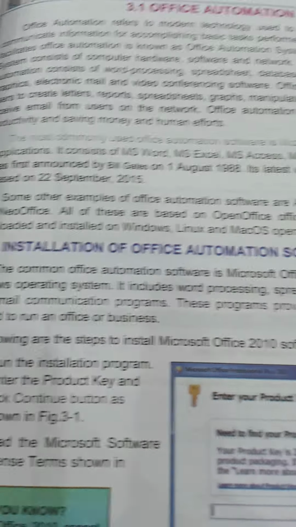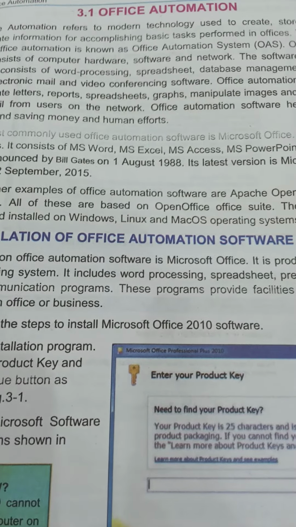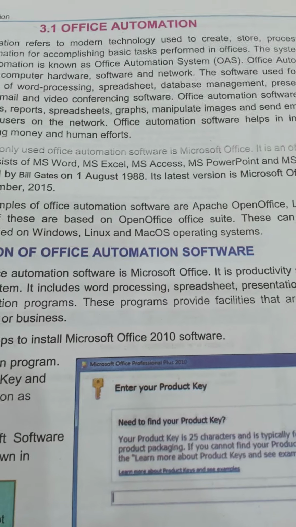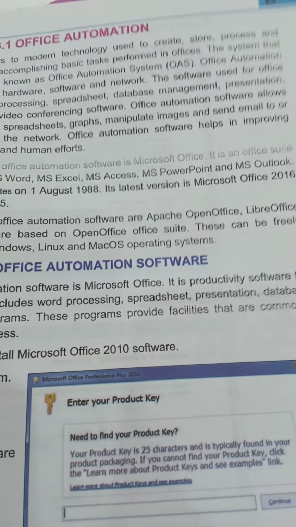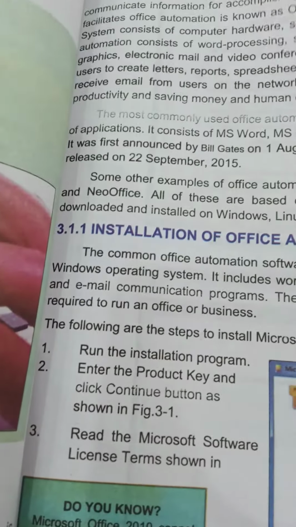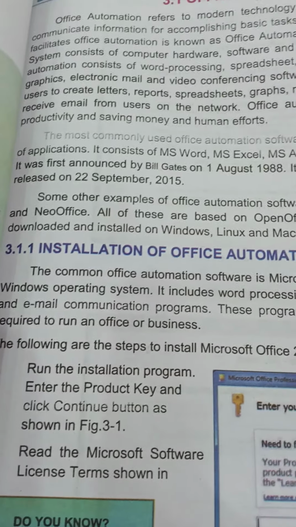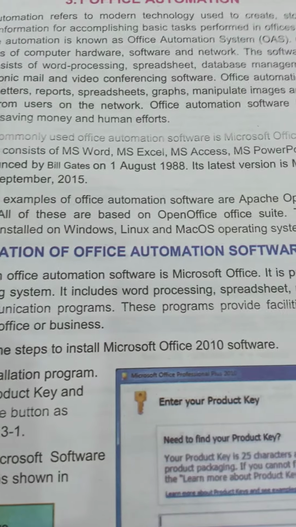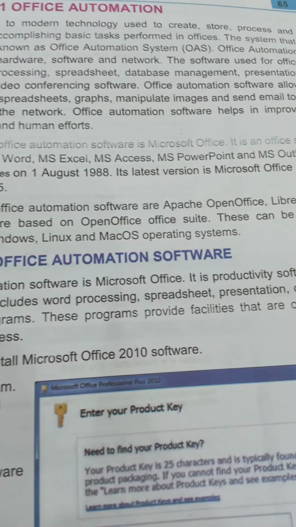The most commonly used office automation software is MS Office, that is known as Microsoft Office. It is also a suite of applications. It consists of MS Word, MS Excel, MS Access, MS PowerPoint, and MS Outlook.